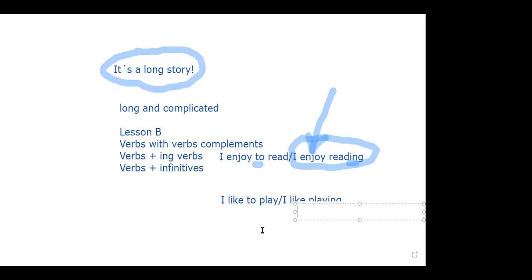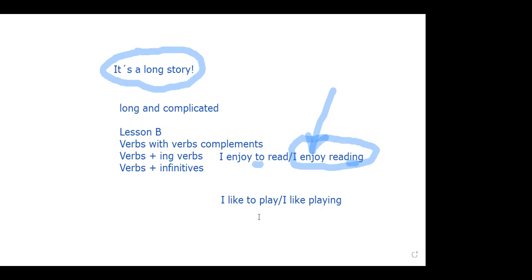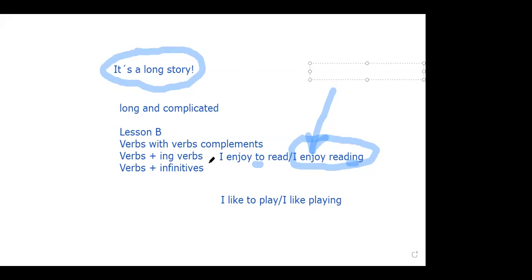Teacher, first. Yes, Felix? First, I like to play. I like playing. Okay. Can I use to play only with like, love, and hate?